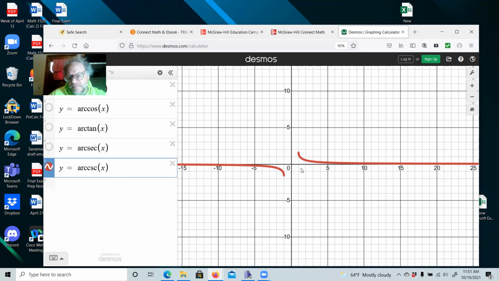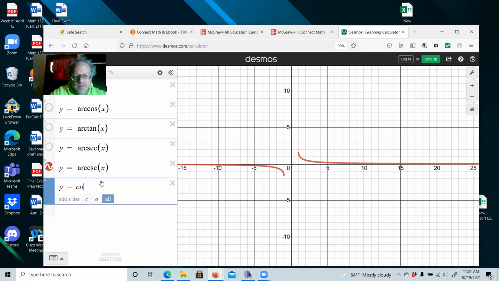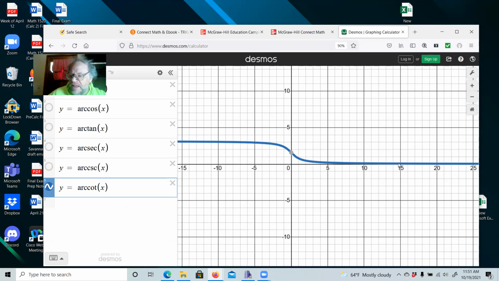And while there's nothing wrong with arc cotangent, it's got the same kind of neat two horizontal asymptotes going on here.